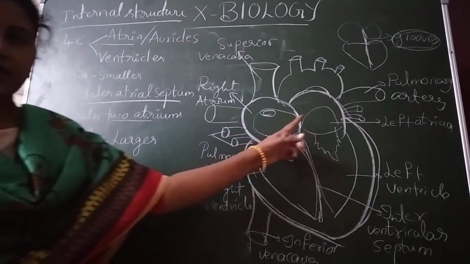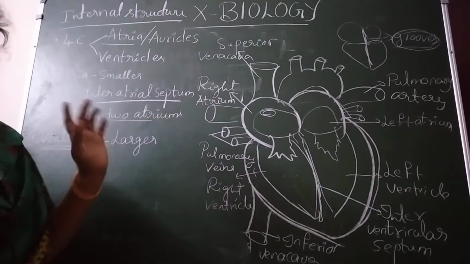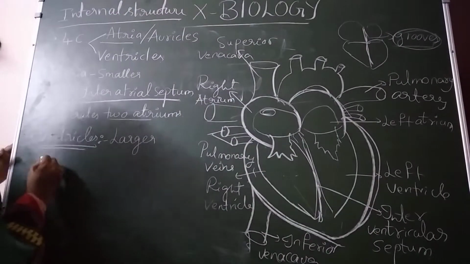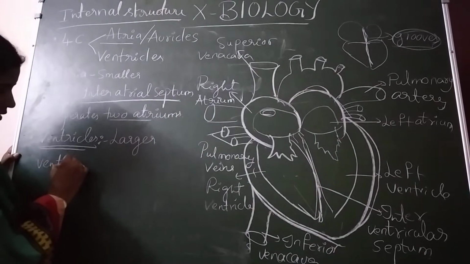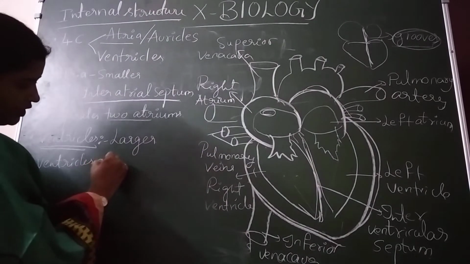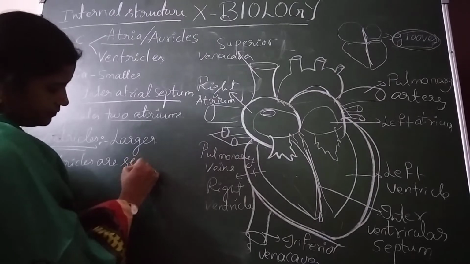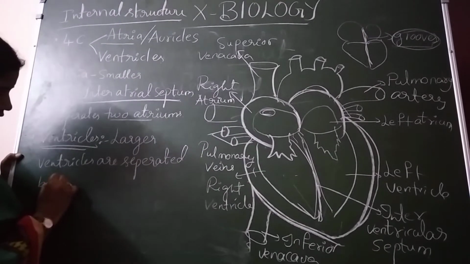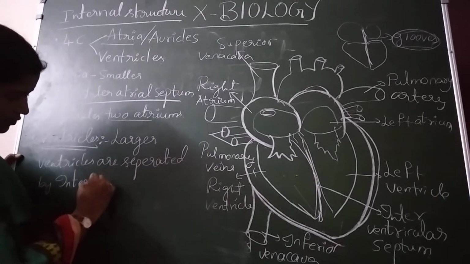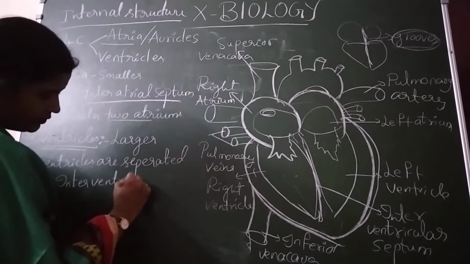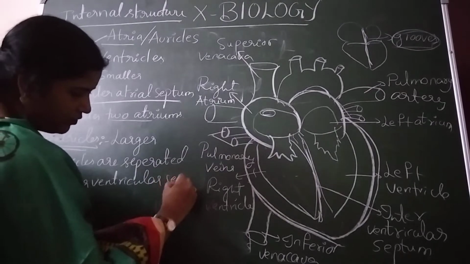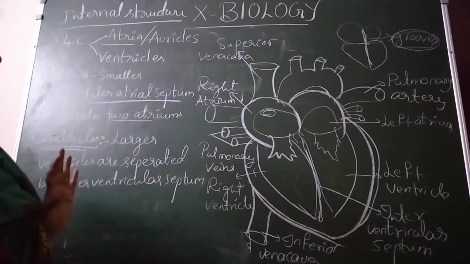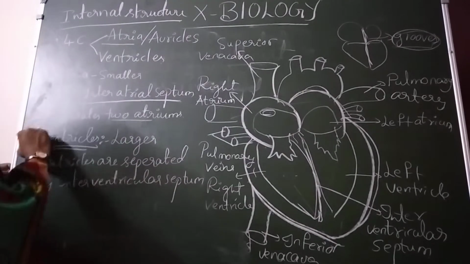So upper chambers are separated by the interatrial septum, and the lower chambers are separated by the interventricular septum. So write this also: ventricles are separated by the interventricular septum. Simple. This is about the atria and ventricle chambers.